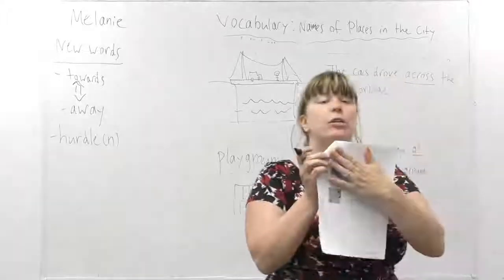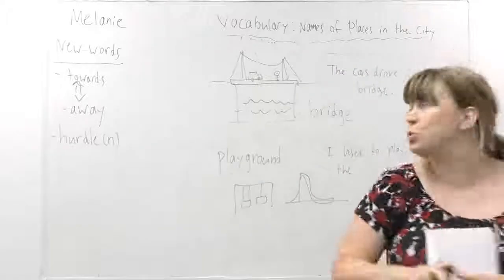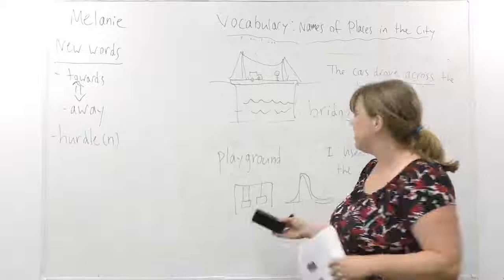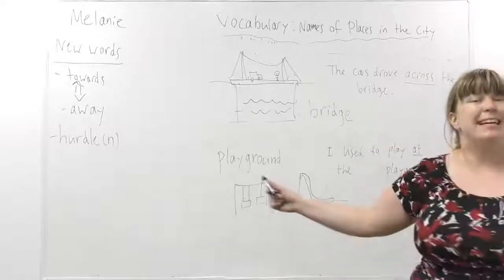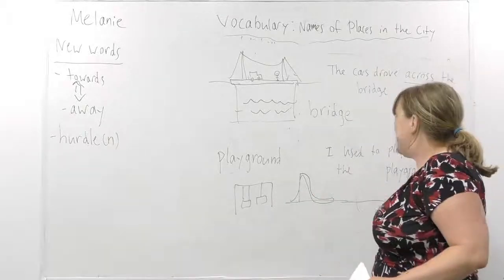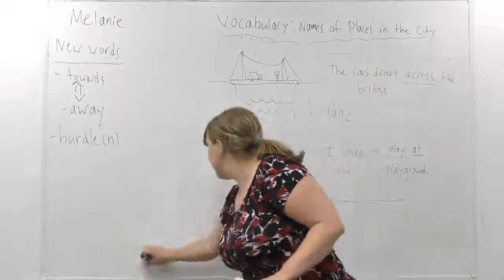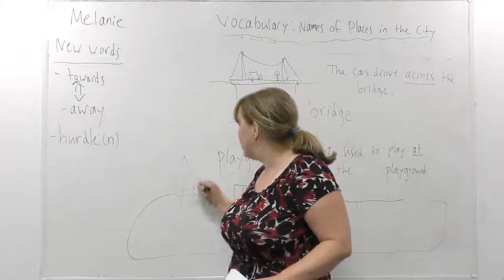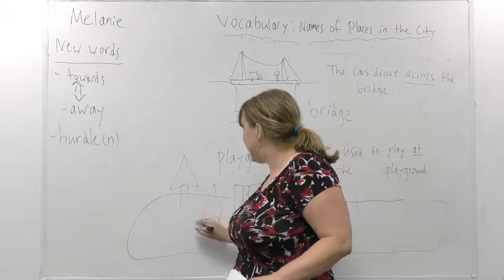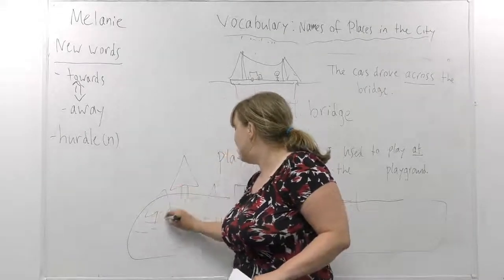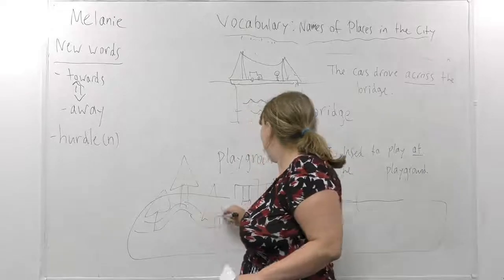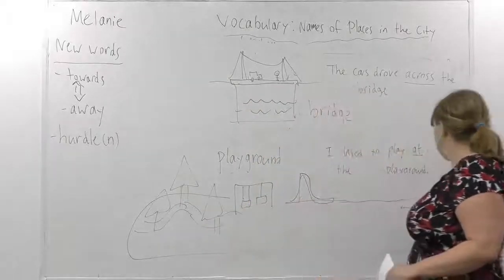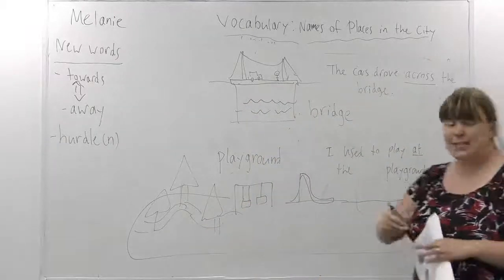And last two, park and zoo. Okay, so often you can find a playground within something that's even bigger. And this is called a park. So maybe there are many trees. And maybe there's like a nice path. So here we are with our trees.